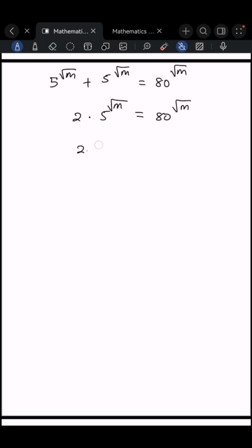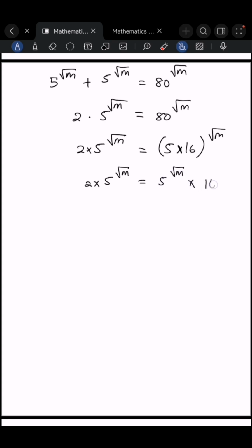Okay, 2 times 5 to the square root of m is equal to 5 times 16, all raised to the square root of m. Or rather, let's just put it like this. We have 2 times 5 to the square root of m is equal to 5 to the square root of m times 16 to the square root of m.